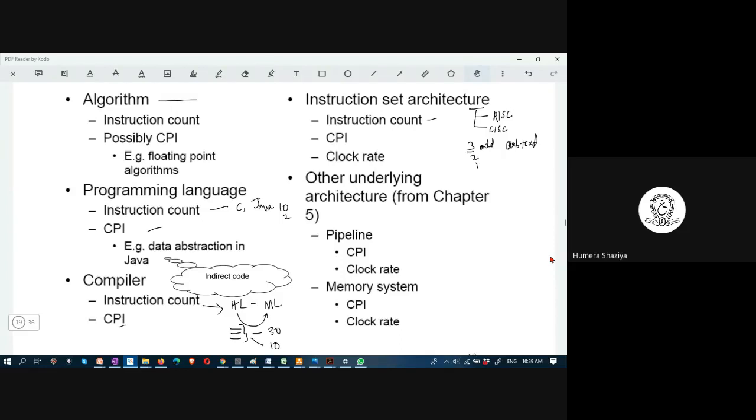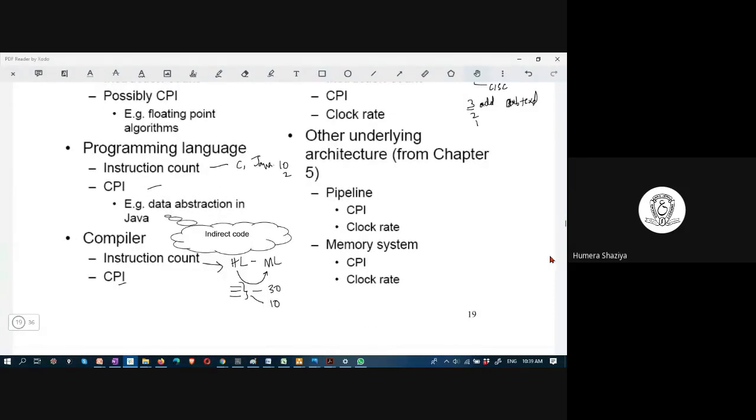Clock rate will also be determined. Clock rate also plays a vital role in the performance. If the clock rate is high, more instructions would be executed. And there may be other underlying architecture issues, which include pipeline. Pipeline is to execute in parallel.